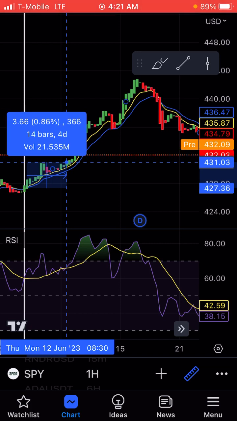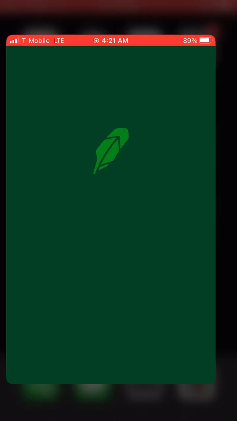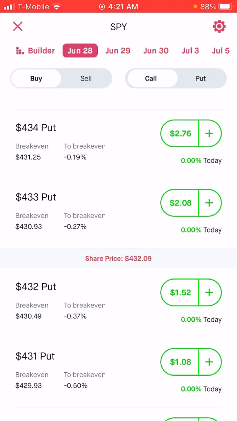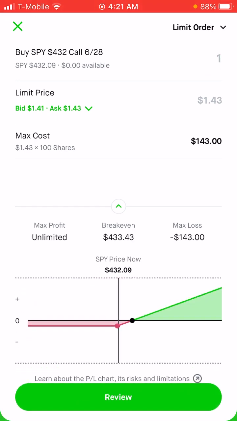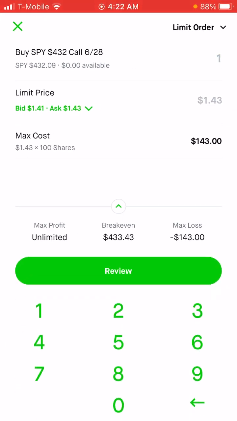It was a difference in price of 366. So let's just average that to 4. Let's look at SPY real quick. Oh, I don't want to do a put, I want to do a call. Okay, so let's just average that to a 4.